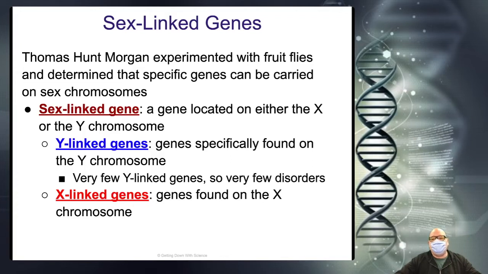There are some genetic disorders where you can survive with one X chromosome in the sex chromosome set, but you cannot survive with only a Y chromosome, because there are missing genes that are on the X. So there are very few Y-linked genes, so we don't see a lot of Y-linked disorders.